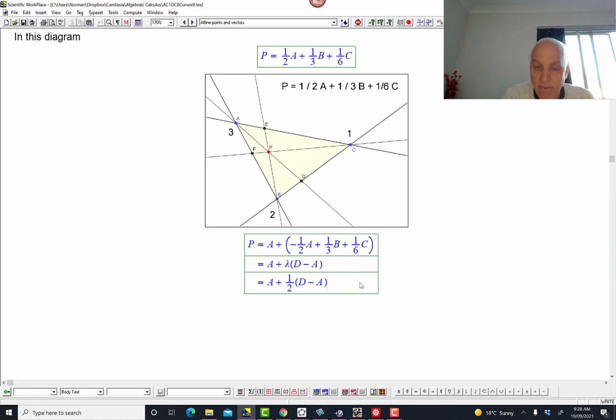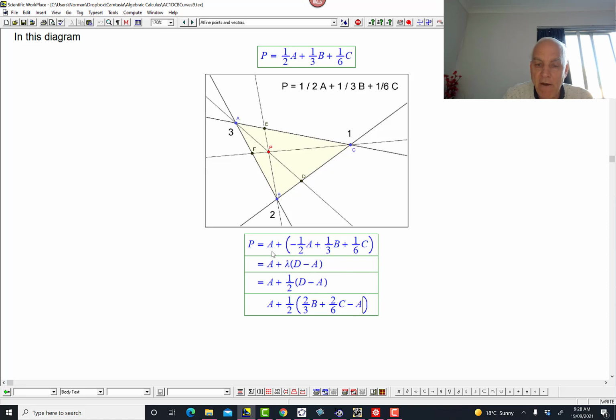Just comparing that with this, we see that this really is A plus a fraction 1/2. What is this D? I have to take this thing here and multiply it by 2, so 2/3 B plus 2/6 C minus A.